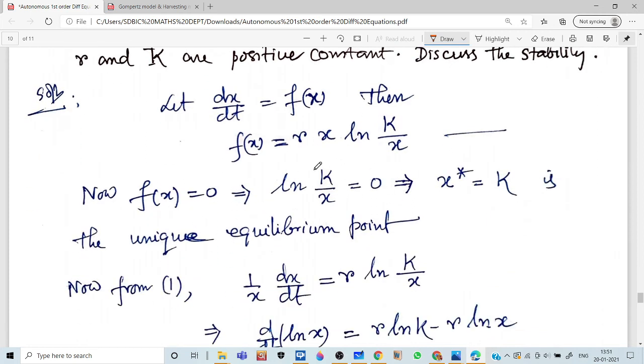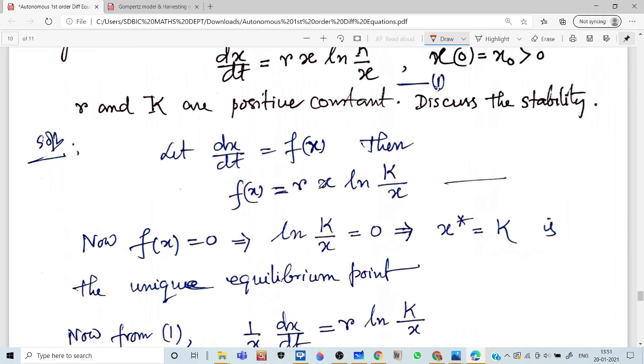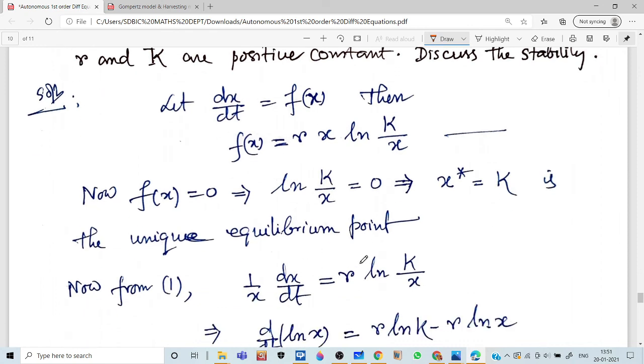Since r is positive, if you put x equal to x star equal to k, then ln(k/k) is ln 1, which is 0. So the unique equilibrium point is x star equal to k.